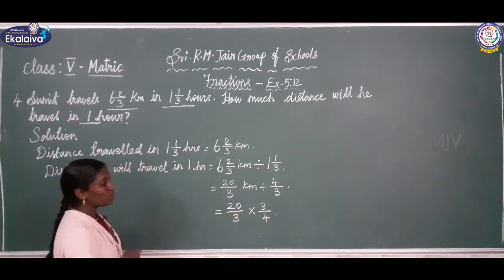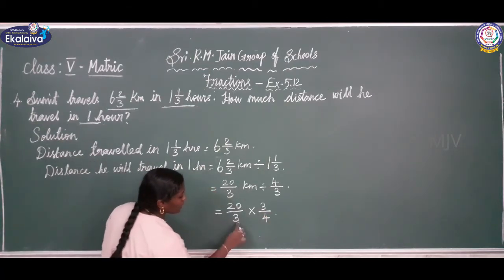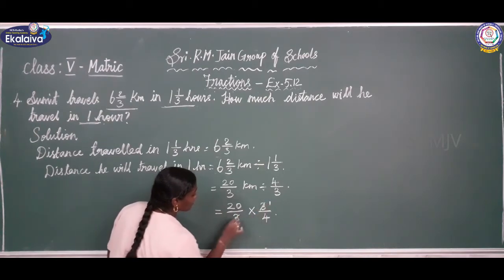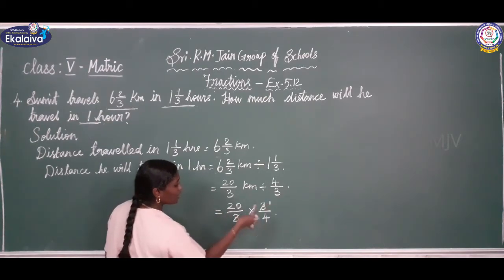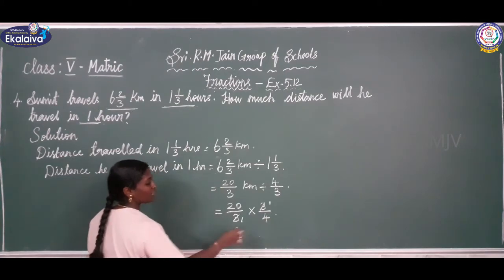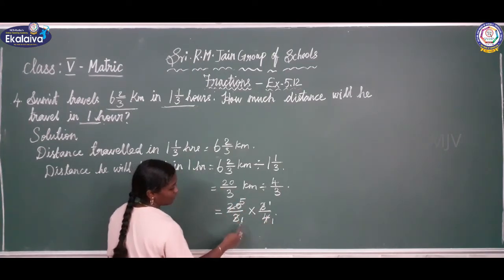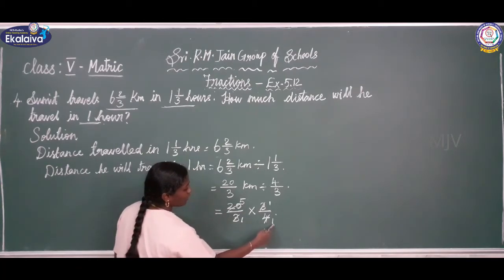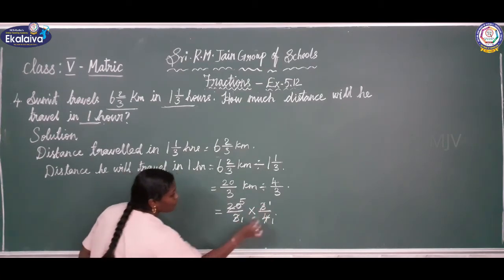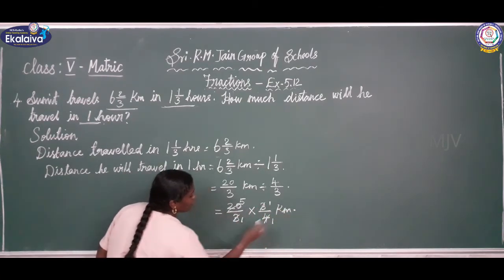Now we have to reduce the numbers. Here we can reduce 3 and 3, isn't it? Then we can reduce 20 and 4 in 4th table. In 4th table 1 time, in 4th table 5 times. Here in denominator we are having 1 alone. Here in numerator 5 into 1. So here we have to write kilometer.